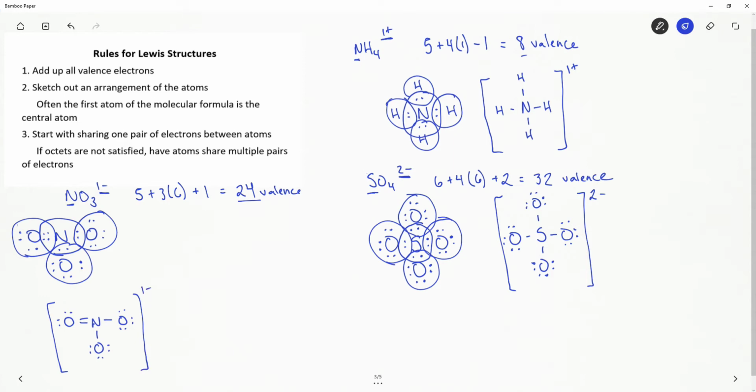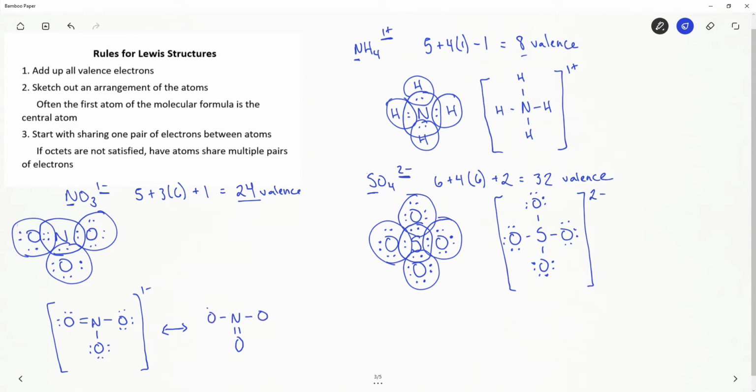Now, hopefully you have skipped ahead of me here and realized that we have resonance structures. I have placed the double bond to the leftmost oxygen, but it does not have to be there. So what if I put the double bond with this oxygen and made these single bonds?